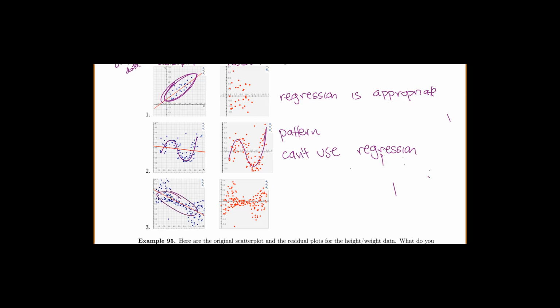That doesn't work. It doesn't seem to represent my data. When you look at the residuals, there's a very big vertical spread here, a tiny vertical spread, and a big vertical spread. So the vertical spread changes. And anytime your vertical spread is changing like that, you can't use regression.